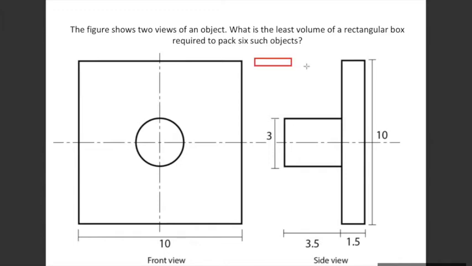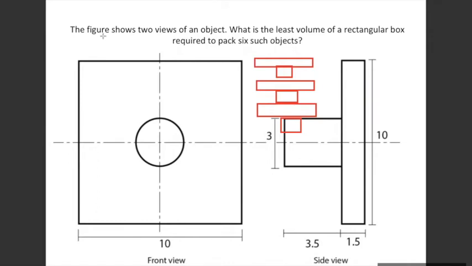One very basic arrangement is to have a linear one. Possible है ऐसा कि सारे stacks are arranged in a linear fashion like this, all 6. But in that case, your volume is bigger. How do we arrange 6 such objects in a manner that you have the least minimal volume?